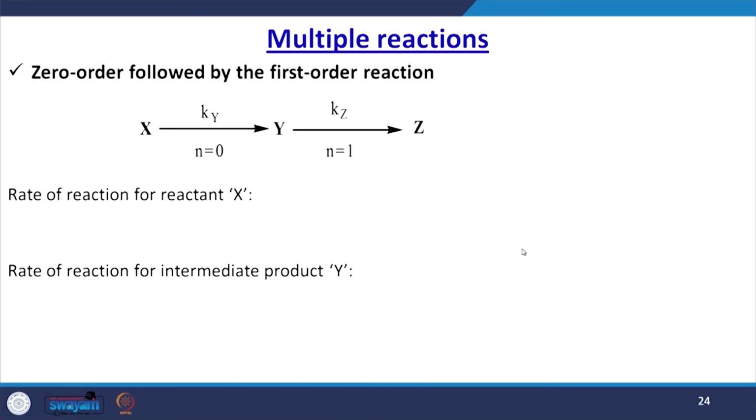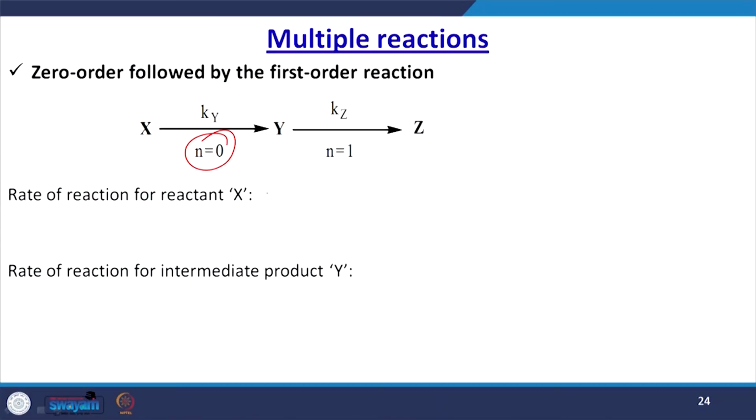Now, from another aspect, sometimes you may experience 0 order followed by first order. So here you see that this is the 0th order and this one is the first order.